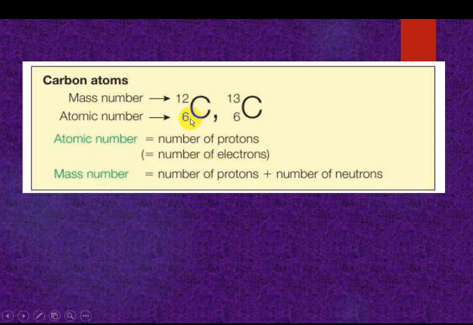Okay, this is carbon 12 and carbon 13. The atomic number is the same, but the mass number is different. Have you seen? The atomic number of carbon 12 and carbon 13 is the same. Are you watching my screen? Okay, carbon 12 and carbon 13. The atomic number is the same, but the mass number is different.